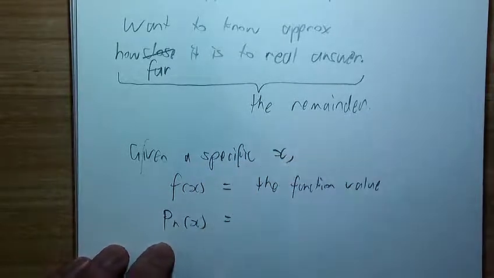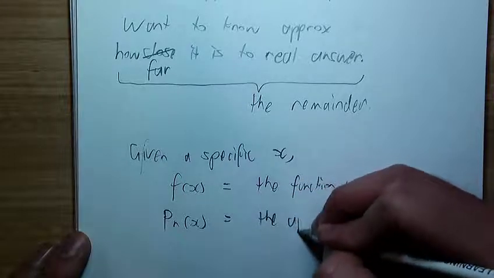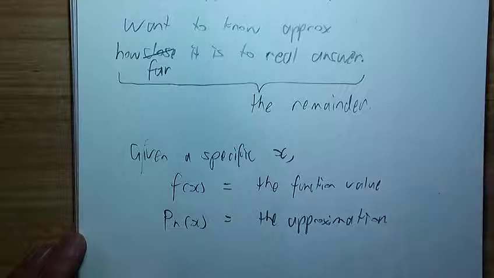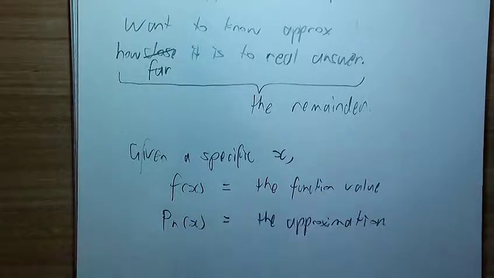P_n(x) is the approximation using the Taylor polynomial. And the difference between them is the remainder.